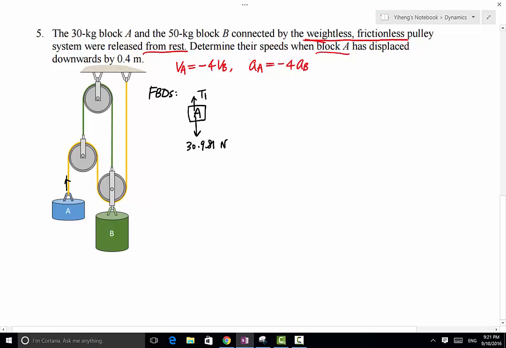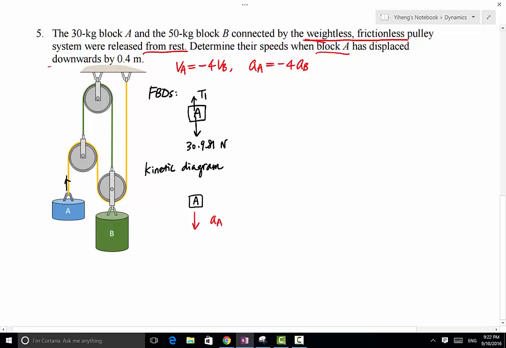That is the free body diagram. We also want to draw its kinetic diagram, for block A. Its acceleration is in this direction.